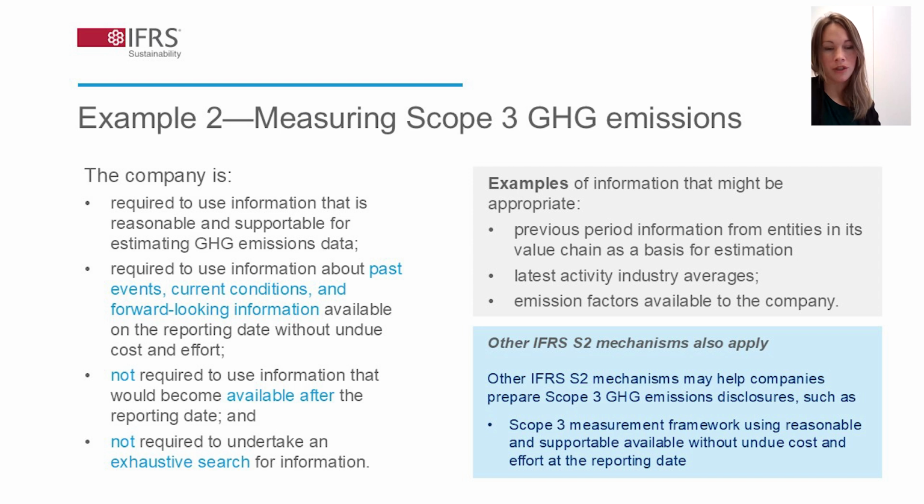And these include introducing a relief to address challenges associated with data from entities in the value chain that use reporting periods that differ from the company's reporting period, subject to specific condition. It also includes introducing Scope 3 measurement framework that we have briefly mentioned, and providing a transition relief so that in the first year in which a company applies IFRS disclosure of Scope 3 is not required.